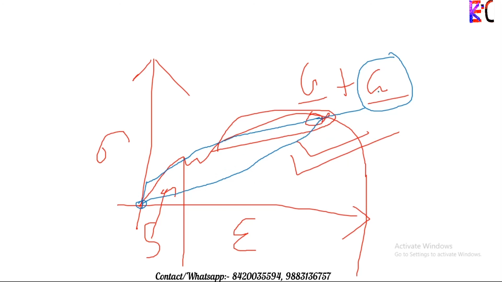So Goodman stuck to a straight line equation, and Gerber was in a curved line equation or an arc equation, and Soderberg was in a straight line equation but in the elastic region, but these two were in the plastic region.